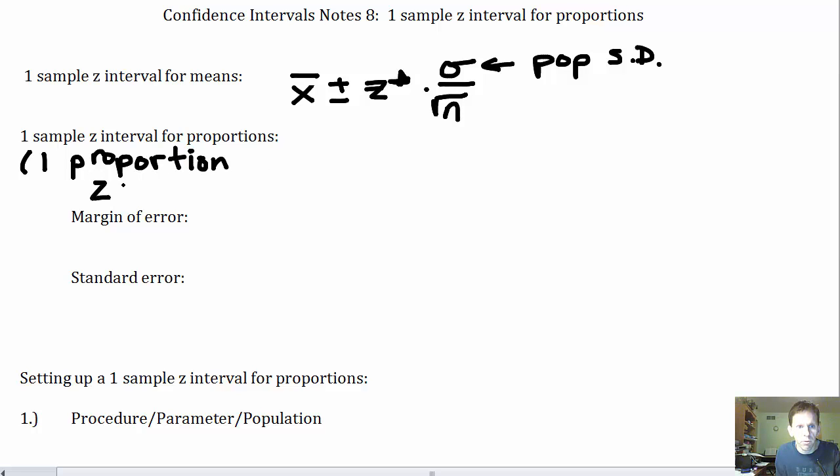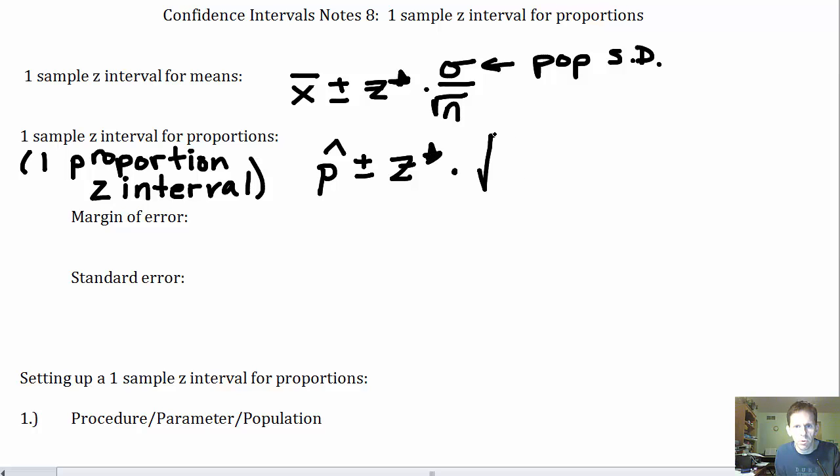And the formula for a one proportion z-interval or a one sample z-interval for proportions is p hat, the sample proportion, plus or minus z star times the square root of p hat times 1 minus p hat divided by n.